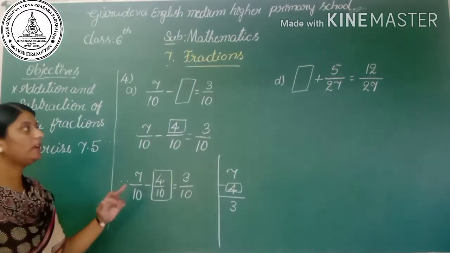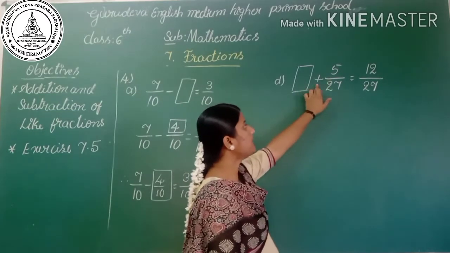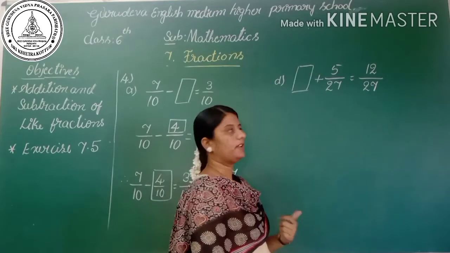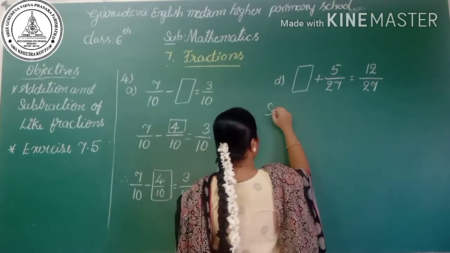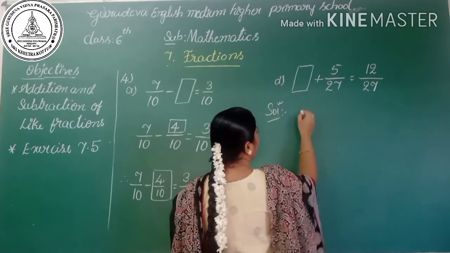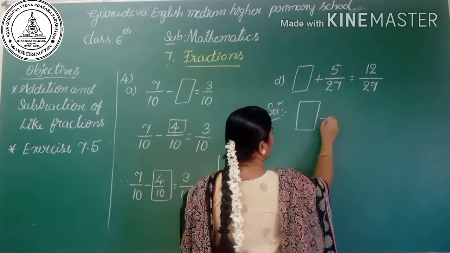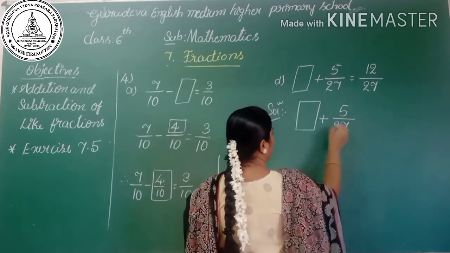Similarly, do the fourth question. Blank plus 5 by 27 is equal to 12 by 27. First write here, solution. In the given blank we have to write the like fraction of the other.